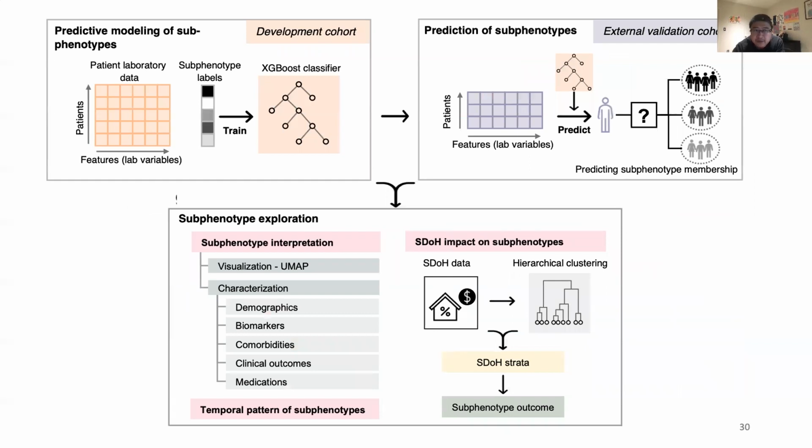We also built a predictor based on the data from the development cohort, and used that predictor to predict the cluster membership in the validation cohorts. And we got and saw the predictive power of such a predictor. The input variables of the predictor are essentially those lab test values.